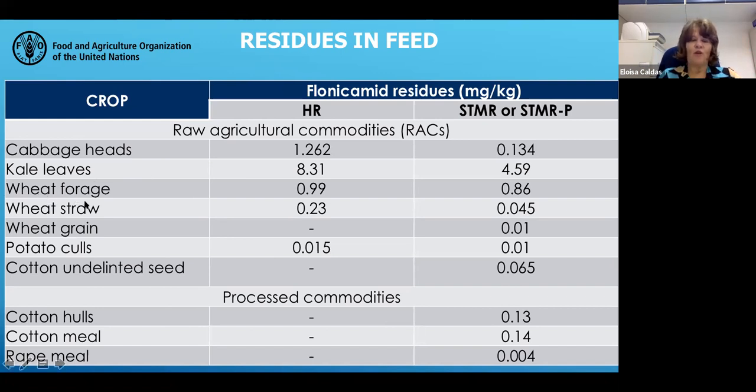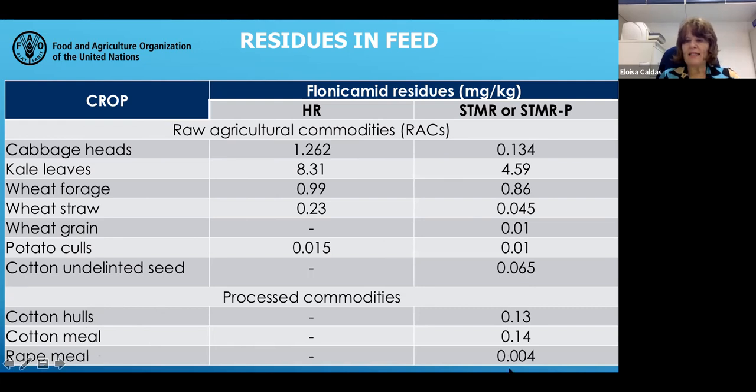They can eat, of course, grain stalks, forage, straw, and the grain itself, potato culls, cotton, undelinted seed. And here are the HRs, the STMRs, and they can also consume processed commodities, such as cotton hulls, cotton meal, and rape meal.